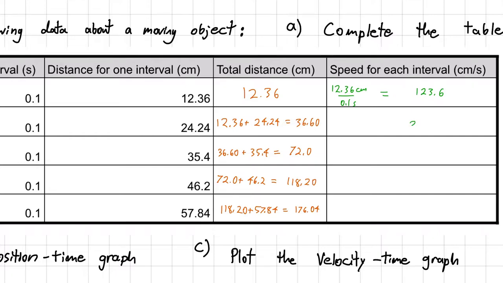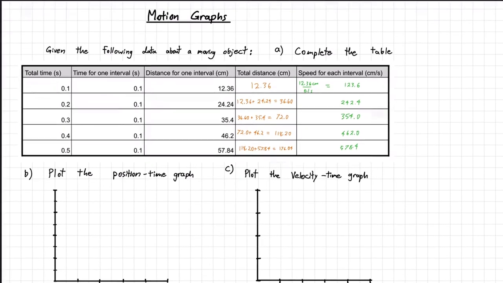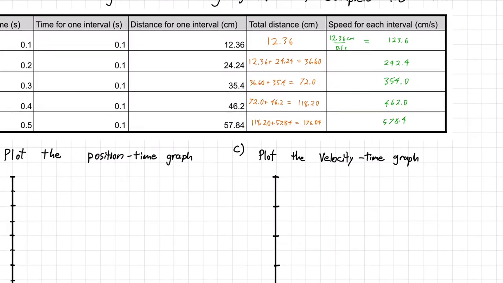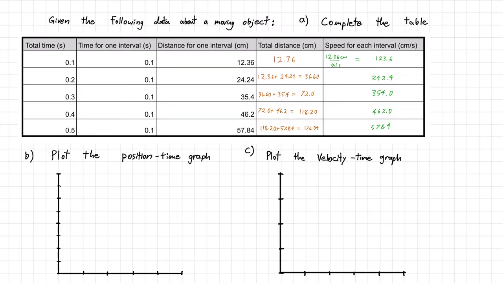And we'll just keep going down the line. All right, perfect. So we have our total distances calculated and the speed for each interval calculated.